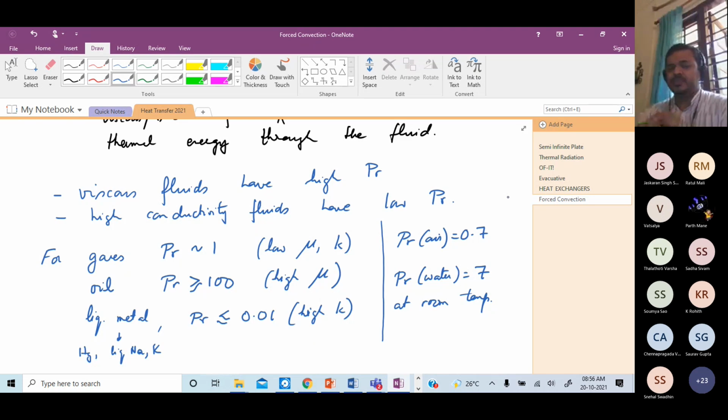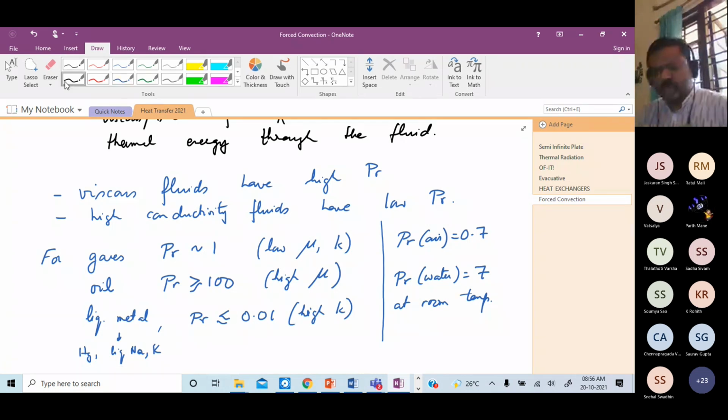Thermal conductivity also goes up a little bit, but primarily because viscosity reduces, the Prandtl number goes down for water as you heat it up. Okay. But this is very handy to remember. Prandtl number of air is 0.7 and Prandtl number of water is 7. Easy to remember at room temperature.